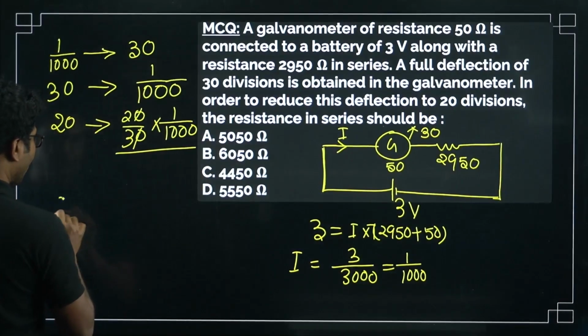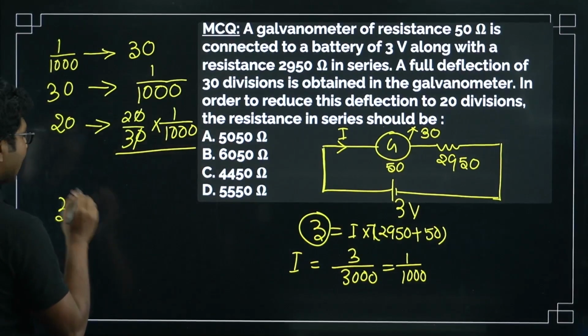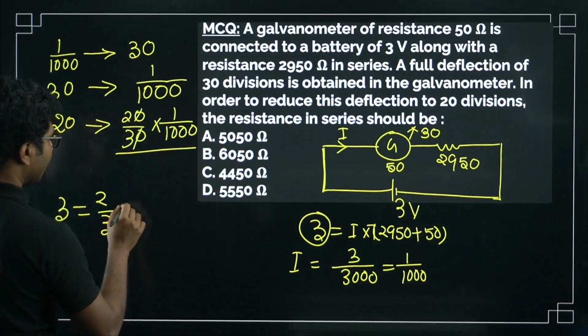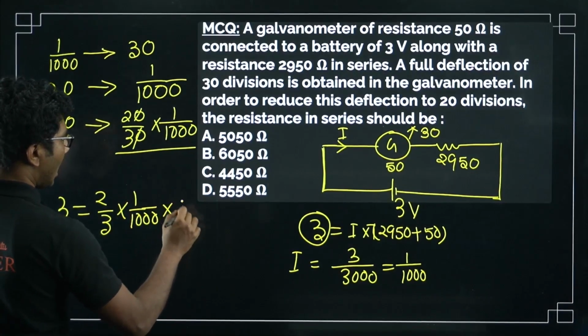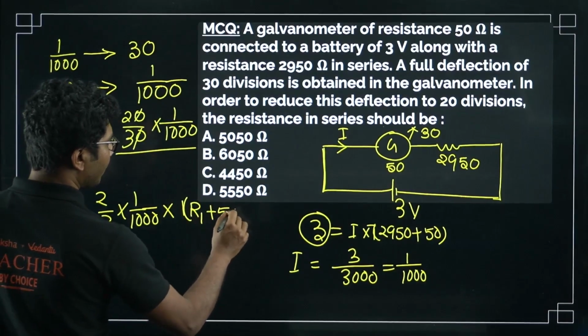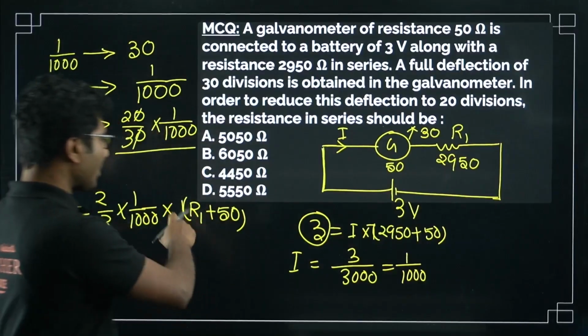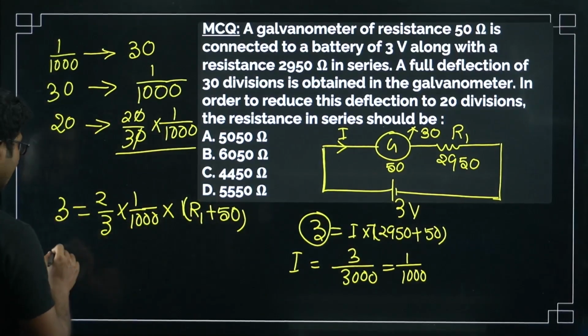Voltage is same in this case, that is 3. So 3 equals 2 divided by 3 into 1 by 1000, this is the new current, into R. R is basically R1 plus 50, so let's say the new resistance is R1. So R1 plus 50 should satisfy this equation. Now do the multiplication.